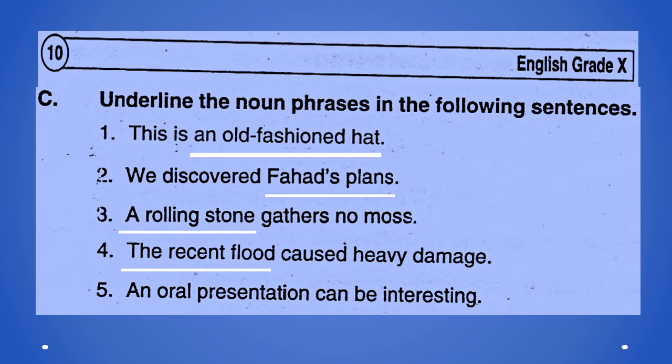And second is heavy damage. Damage is an abstract noun and heavy damage is a noun phrase. Number 5, an oral presentation can be interesting. In this sentence, an oral presentation is the noun phrase. Presentation is a noun and an oral are pre-modifiers.